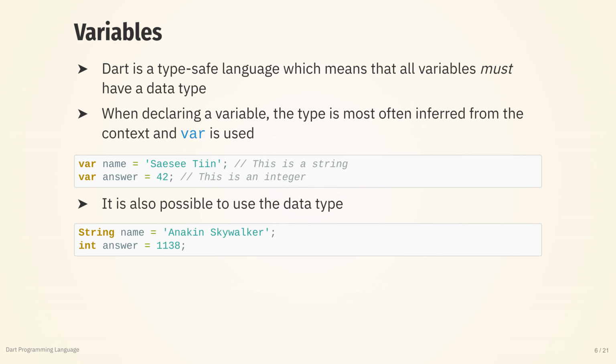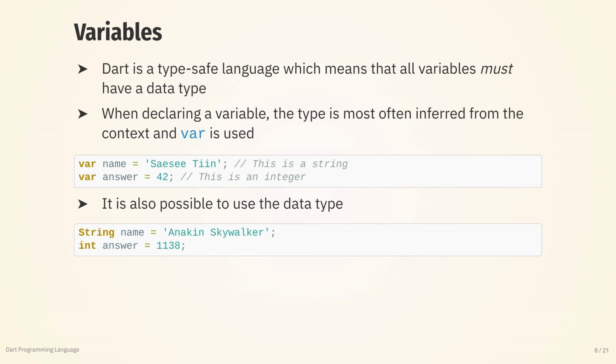It uses variables as most programming languages, and it is type safe. So the variables must have a data type, but it can be inferred. So we can use var if we like. Like in this first example, var name is given the value Cesatine, and if you don't know who Cesatine is, there will be images in a later lecture, or you can just look it up on the internet.